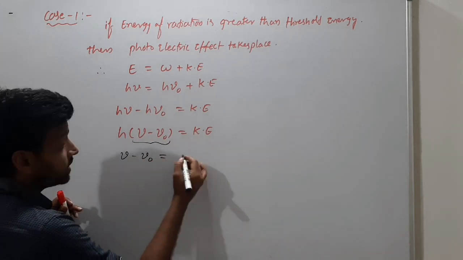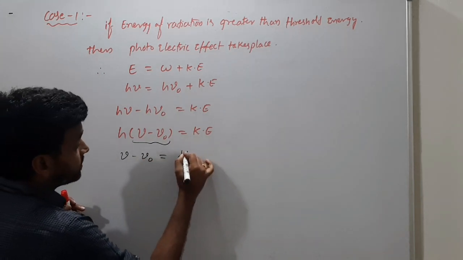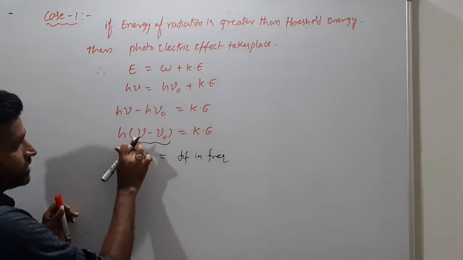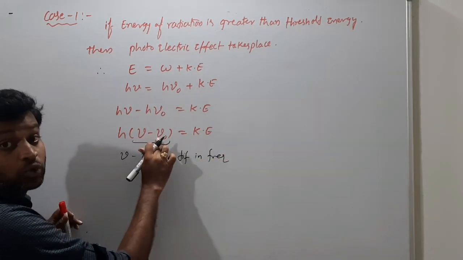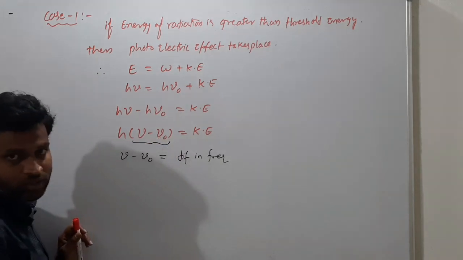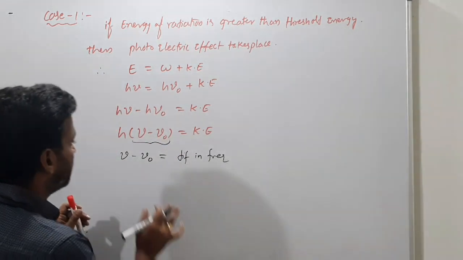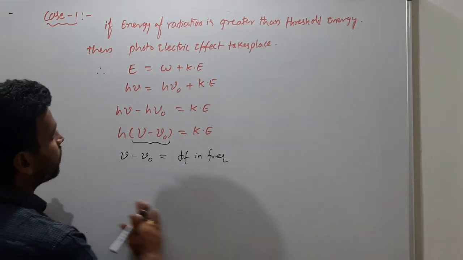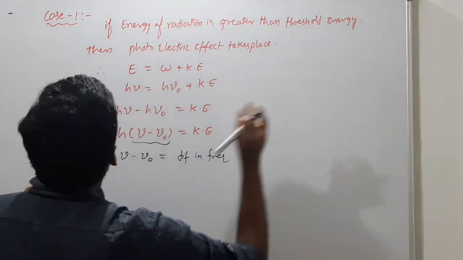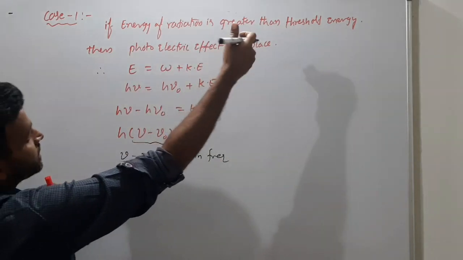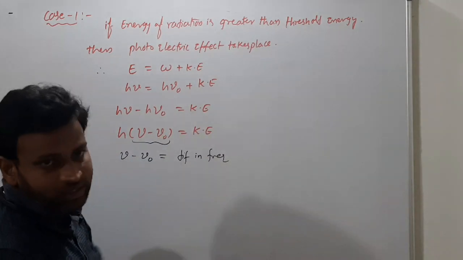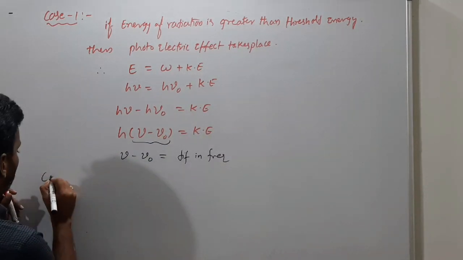Nu minus nu naught is the difference in frequencies, the frequency of radiation beyond the frequency required to overcome the attractive forces. Understanding, everyone? So case 1 over. What is case 1? If the energy of radiation is greater than the threshold energy, then the photoelectric effect takes place. Okay, next case 2.